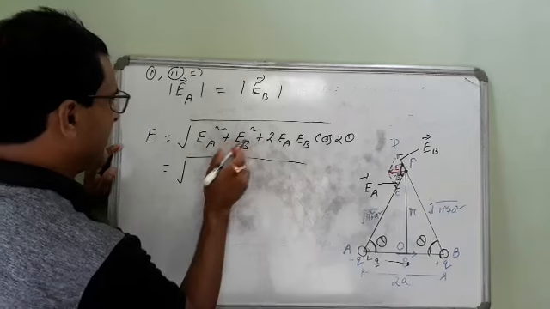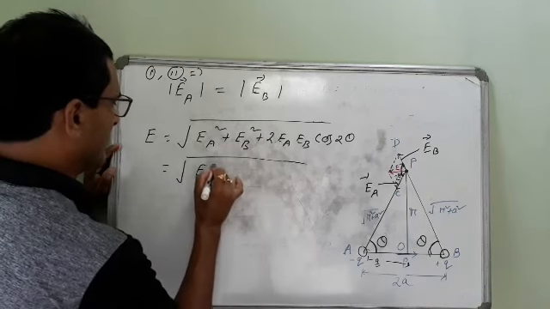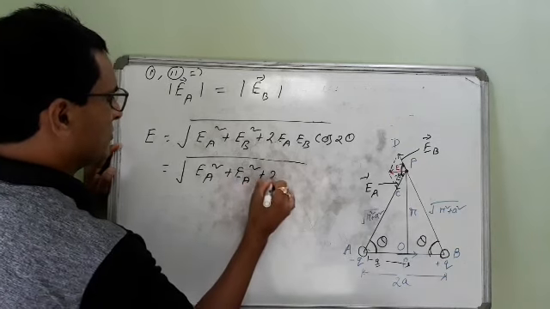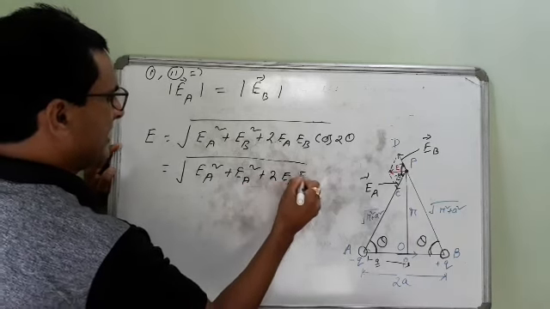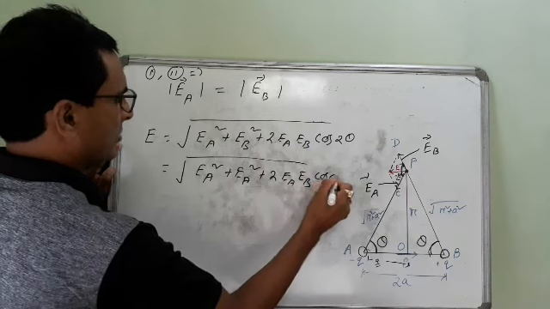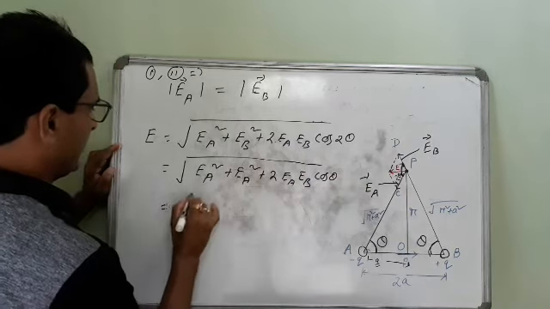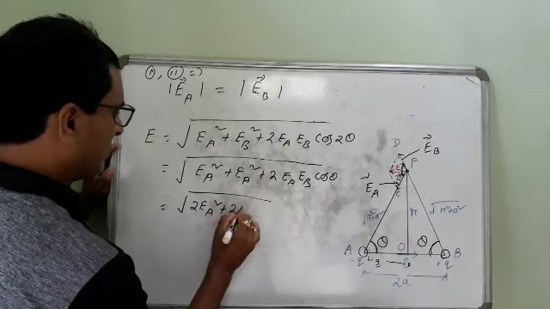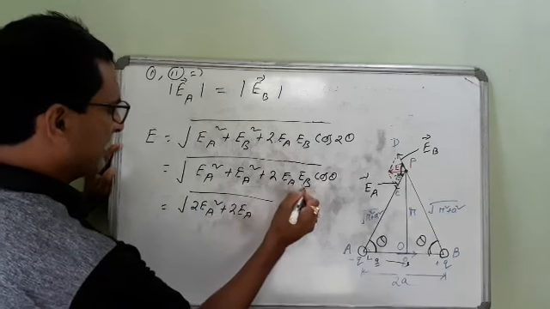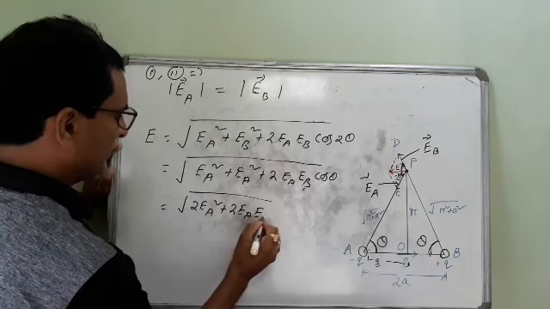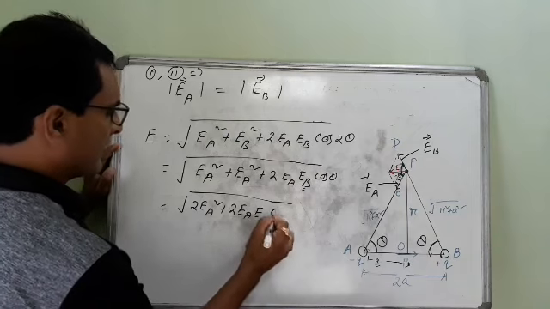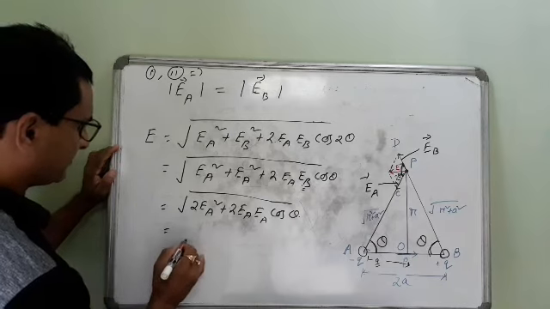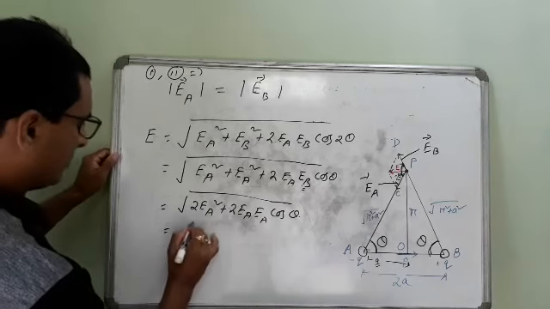So instead of writing EB, we can write EA here also: EA square plus EA square plus twice EA square cos of theta.